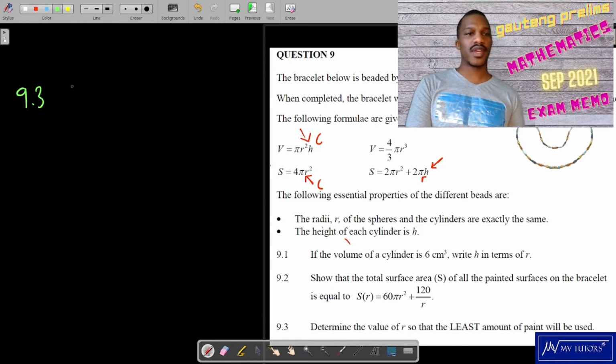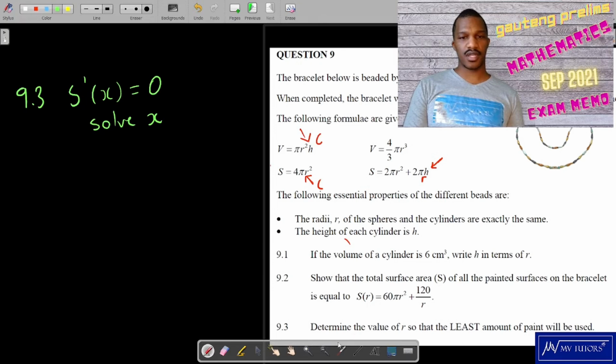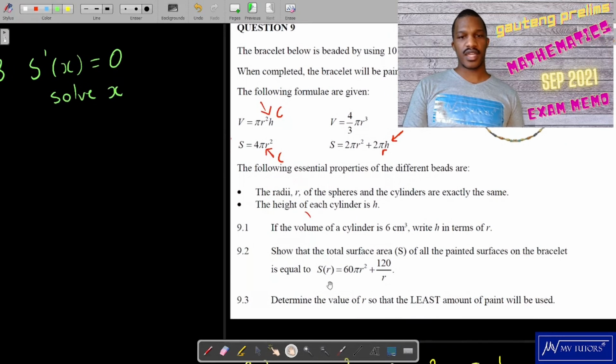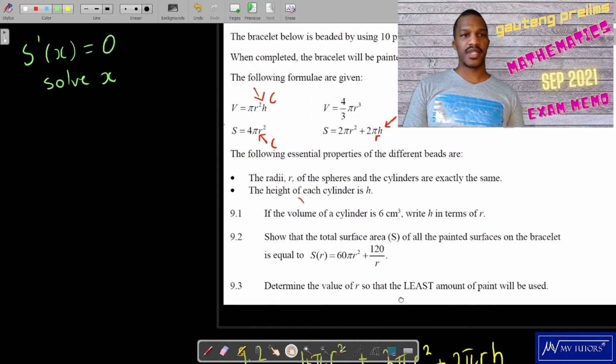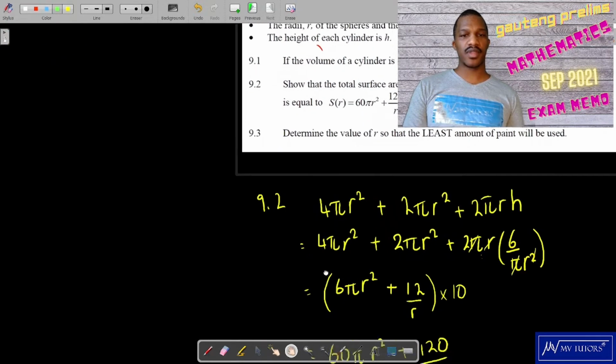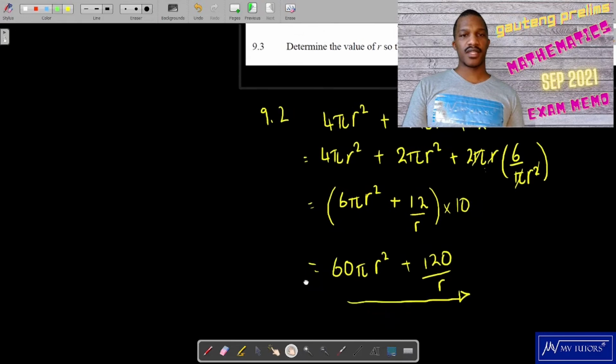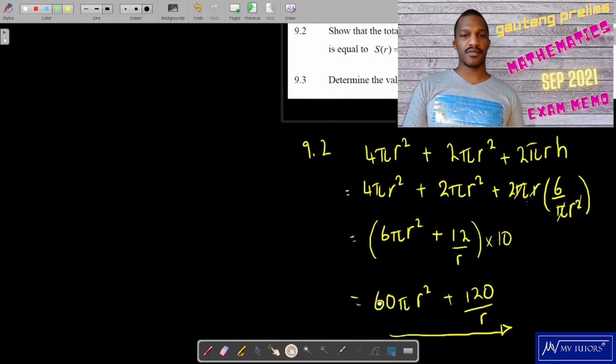So we know that if we take the first derivative, equate it to 0, and then solve for x, it'll give us the minimum amount of paint.